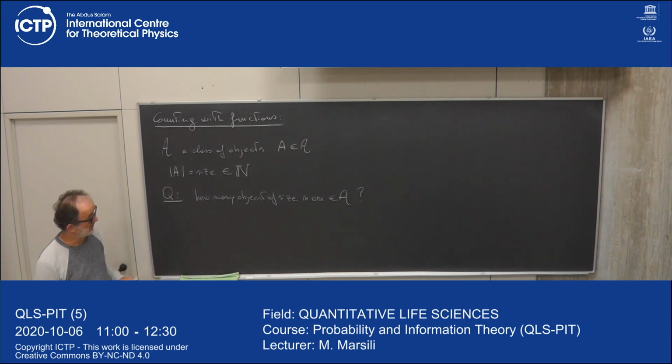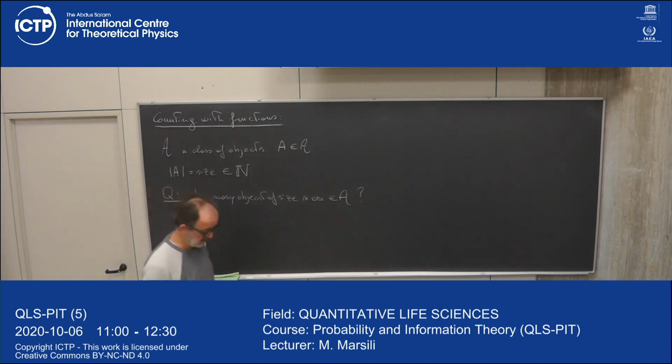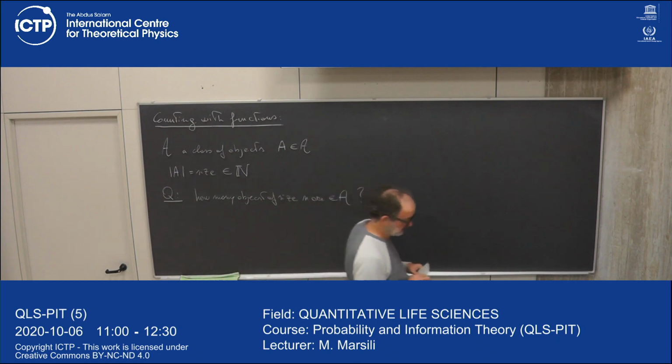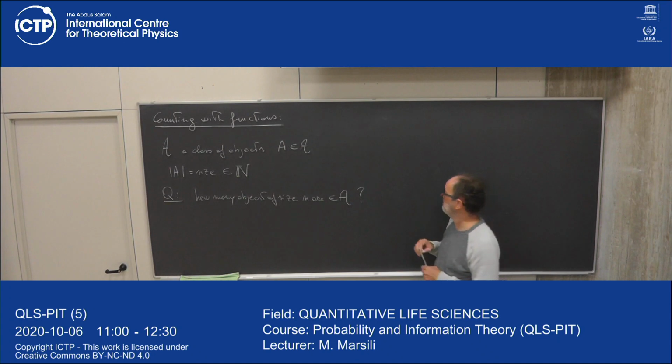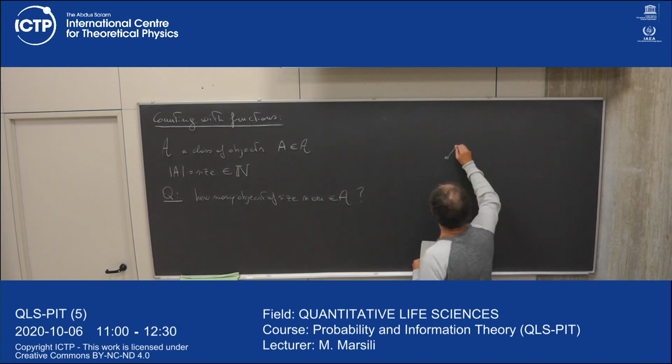For example, you may think of objects as being graphs of a certain type. A graph is a set of nodes with links.